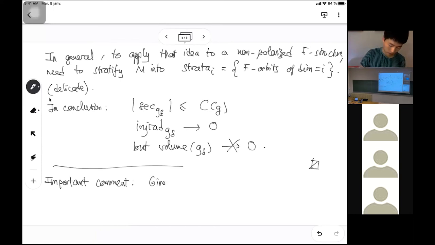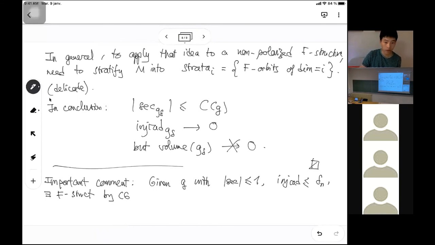So, given a metric with sectional curvature bounded by 1 and the injectivity radius very small, as in the theorem of Cheeger-Gromov, you have an F structure that corresponds to G.